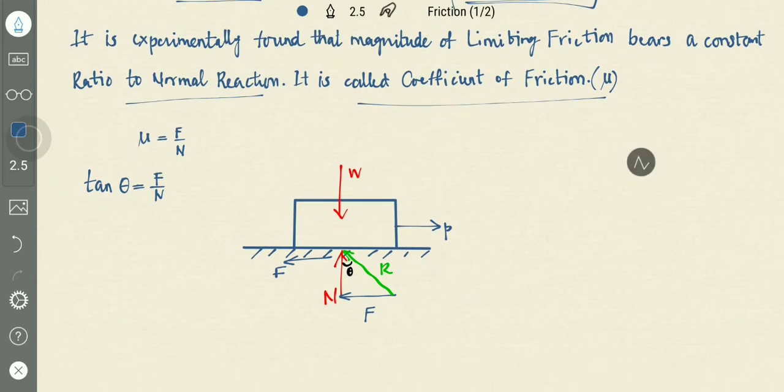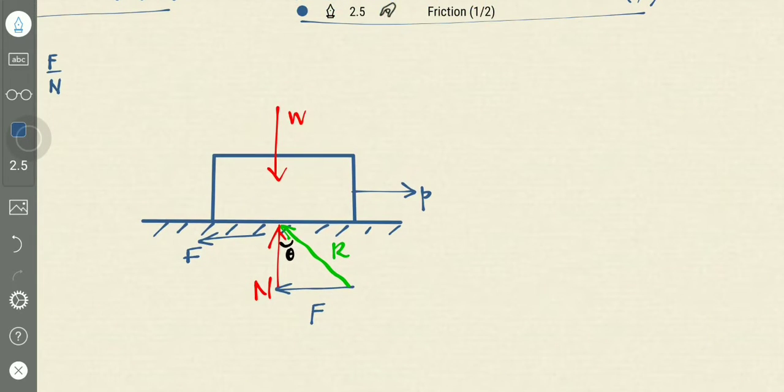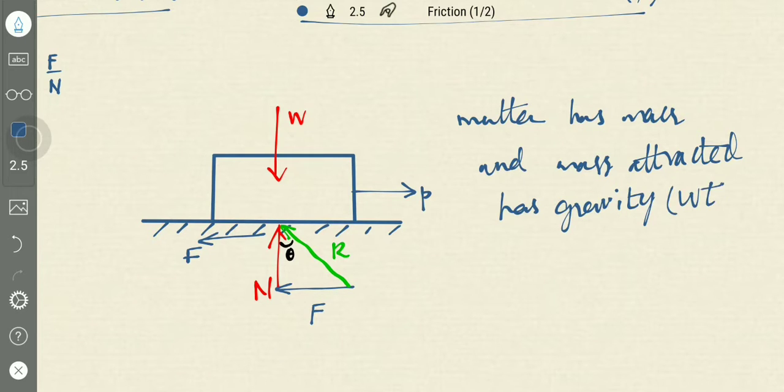So what is normal reaction? Let us see. Matter has mass, and every mass is attracted by gravity, so it has weight. So every body has a weight.